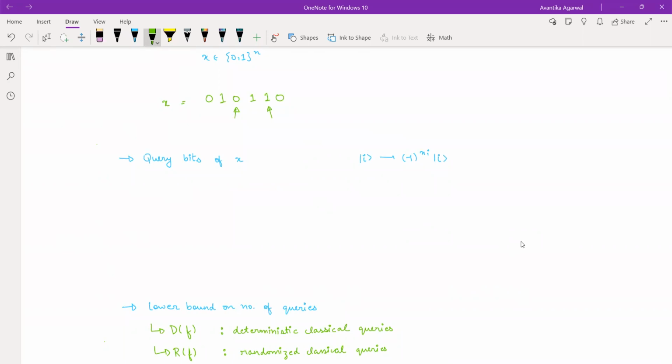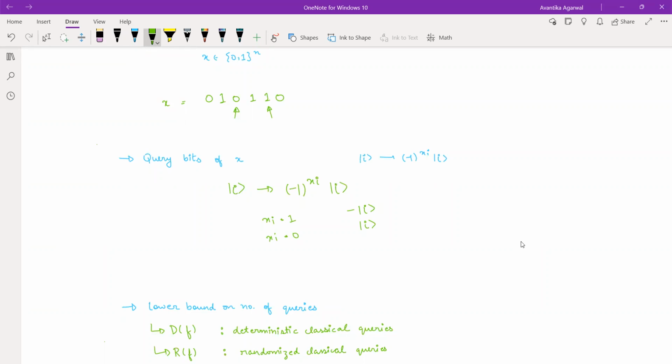If we query, say, ket i, then our output from the black box would be (-1) raised to the power x_i times ket i. So if x_i is 1, then the phase of our input is flipped and we get minus ket i. And if x_i is 0, then we get ket i.